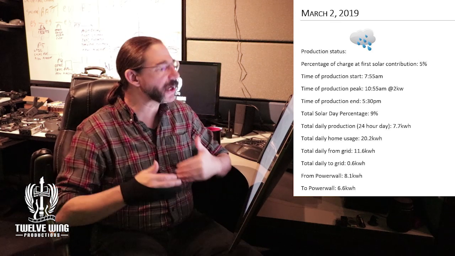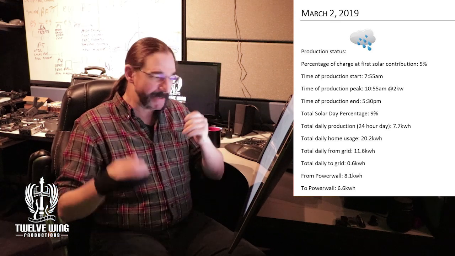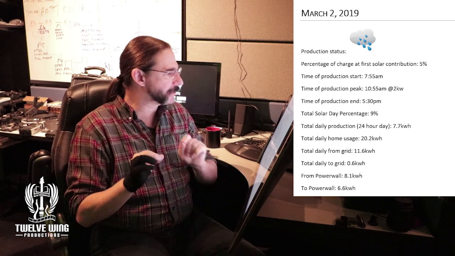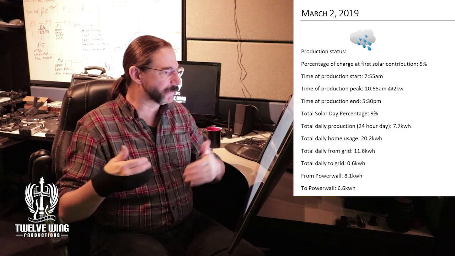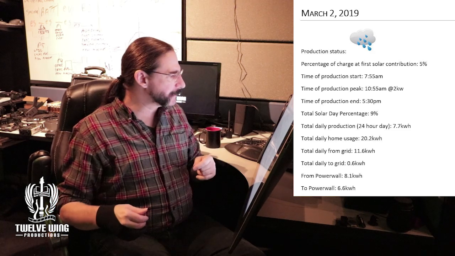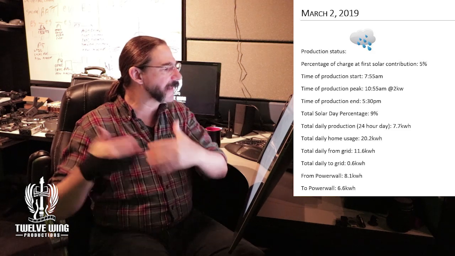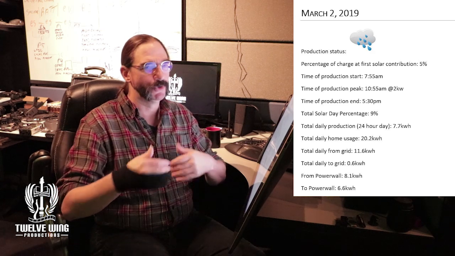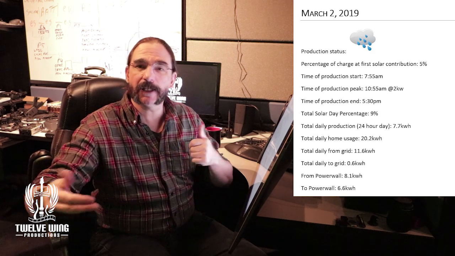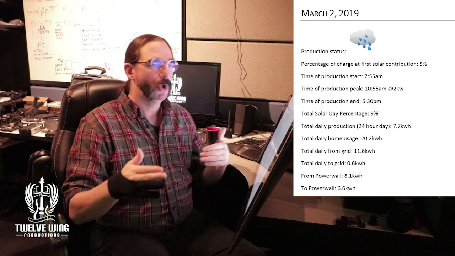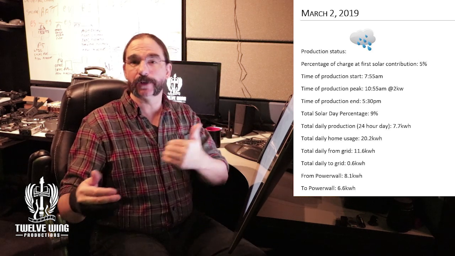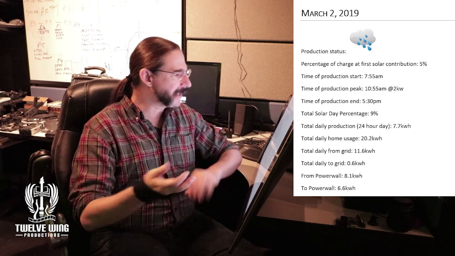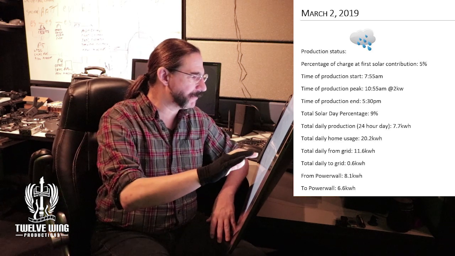Well, 9% isn't enough to get us through the entire evening to the next day, but it is enough to give us that little bit of security blanket if we leave the system at 20% reserve until late in the evening, and then estimate how long the system will run on that 9% power. In other words, what would get us to the beginning of our next day of contribution? Would we switch the system on at midnight, 1 in the morning, 2 in the morning? Where would we engage that so that we would make it?